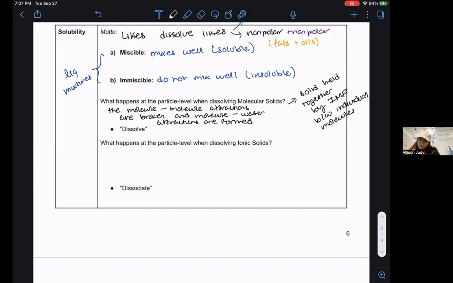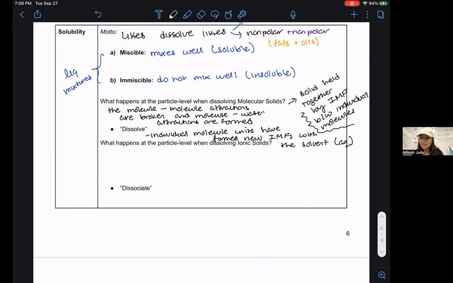Okay, so what we say then is that the compound, the molecular solid, has dissolved. The individual molecule units have formed new IMFs with the solvent, which is usually aqueous water, AQ.